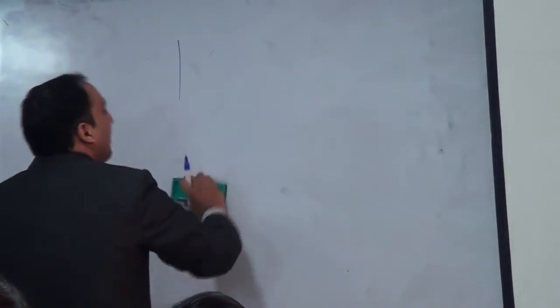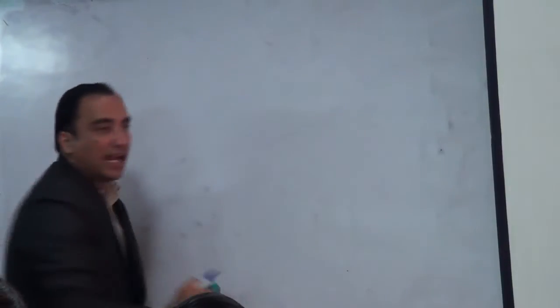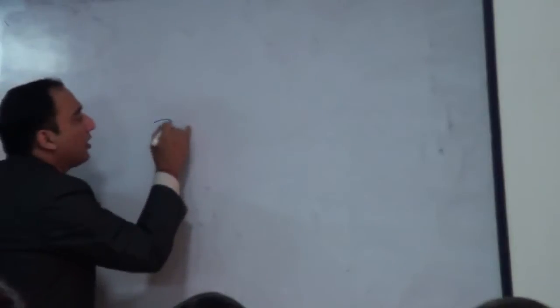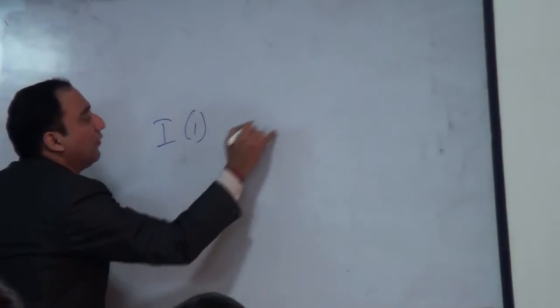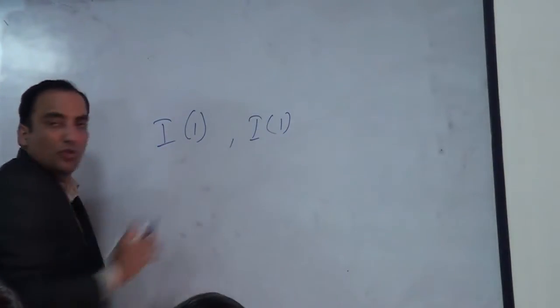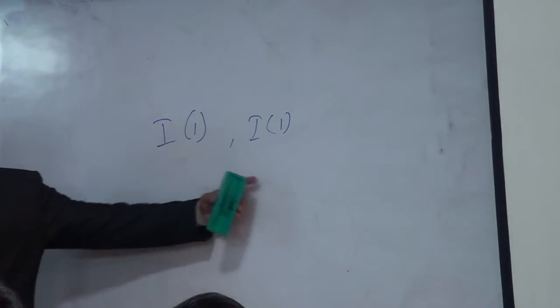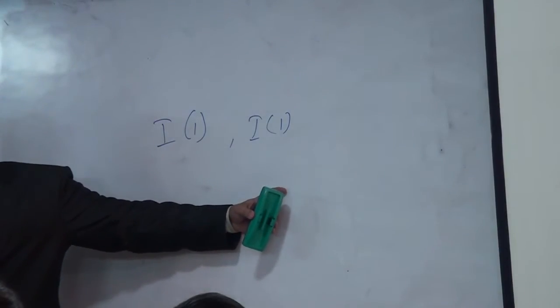What is the technical definition of co-integration? Again, the technical definition of co-integration is very simple. Suppose there are two series which are I(1), or any order for that matter, but we will start with I(1) and then move to other forms.